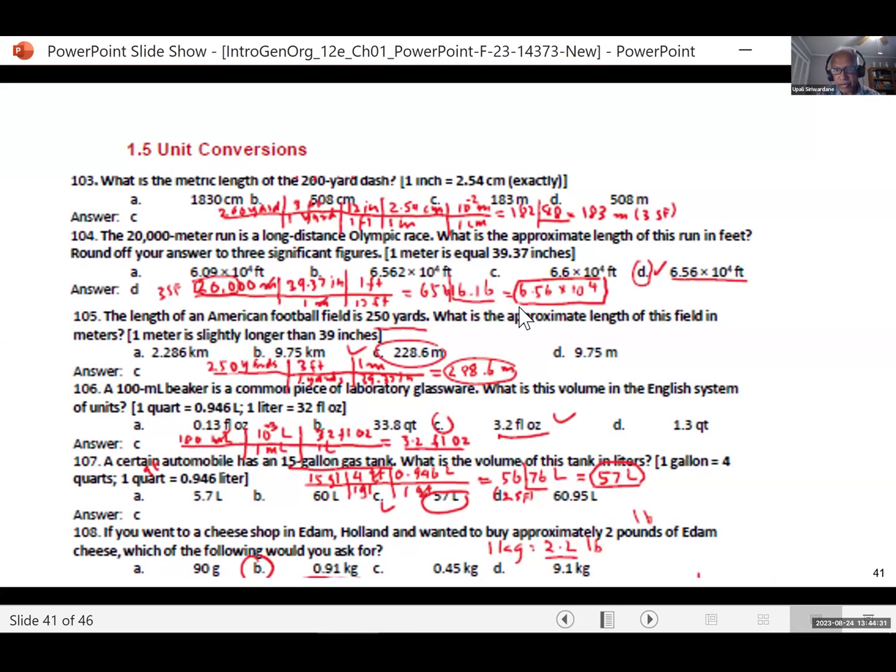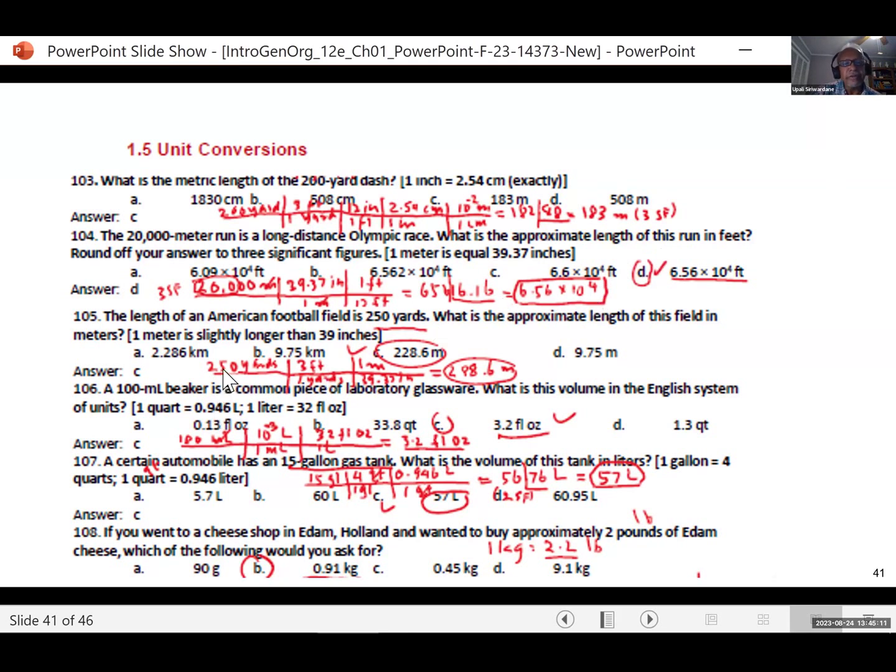So you get 6.5, 10 to the 4. The significant digits are 2 because you started with 2000 meters. Anyway, that's how you get it.